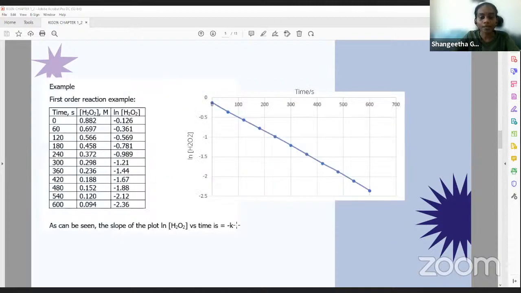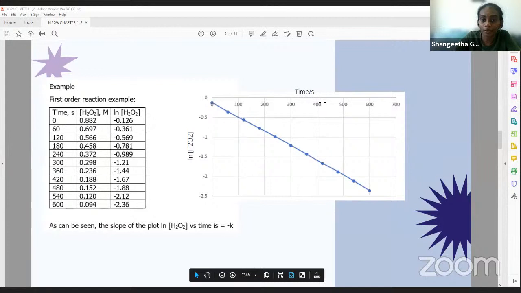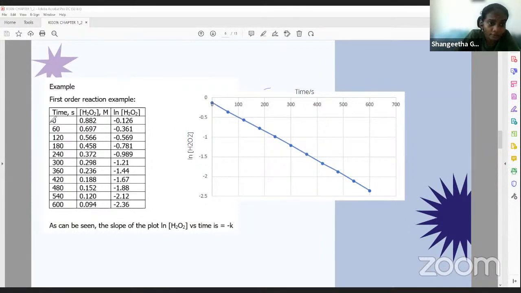Now let's look at one example on how we actually can draw your graph, and what information we can get. In this first order reaction example, if you look at the table here, you have your time from 0 until 600, and then you have your concentration of H2O2, and they have already given you the ln of this concentration.